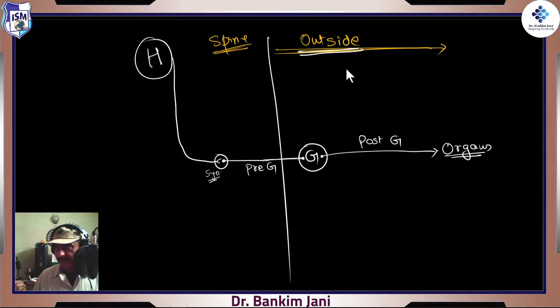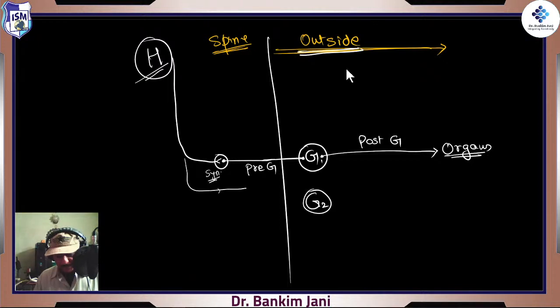It's outside the CNS. Right now we are not talking about some other areas, we'll talk about all of them. So this is G1. Now there is G2, G2, G2. This G2 is connected, but how is it connected?